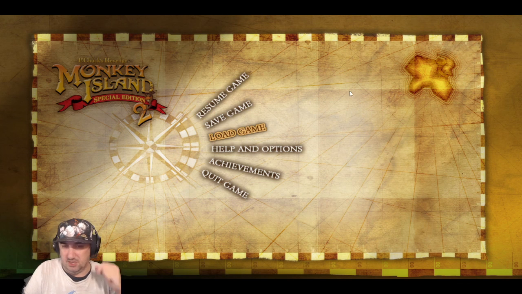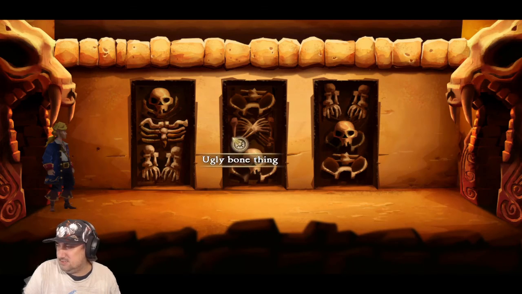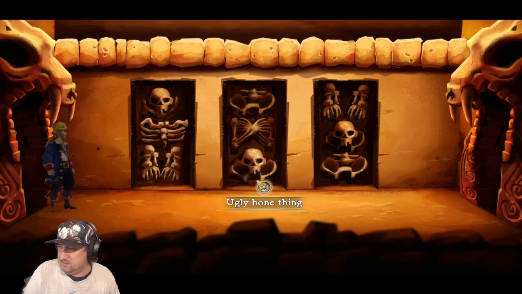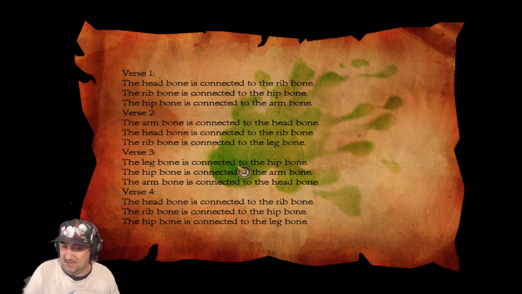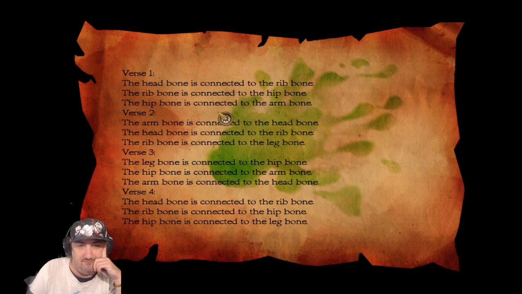Oh, this is gonna take 50 million years. Line by line. Oh god, this is so annoying. The head bone is connected to the rib bone, yeah.